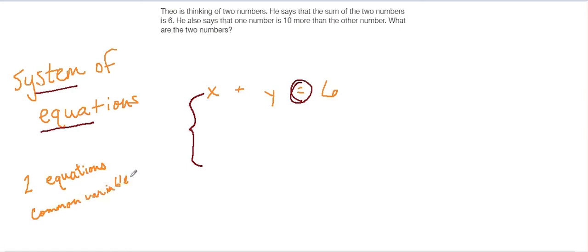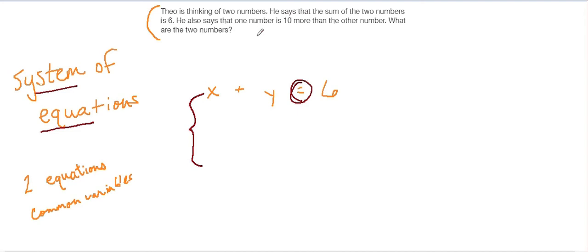So I've actually modeled the first equation in this word problem. He's thinking of two numbers, x and y, that add up to be 6. Okay? We could guess and check, because he says one more thing that would help us get there, or we could be strategic about it.